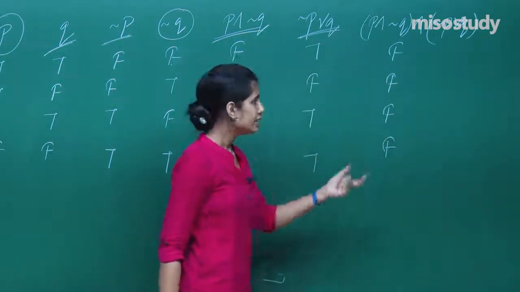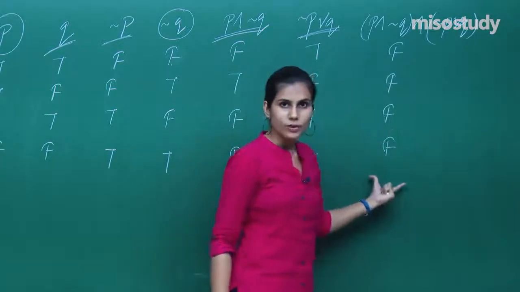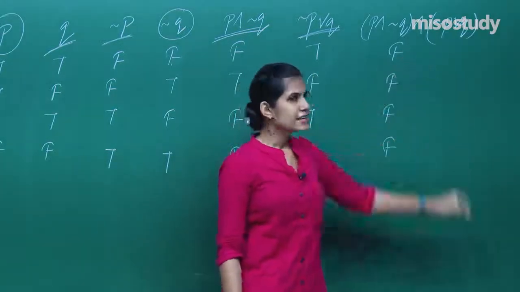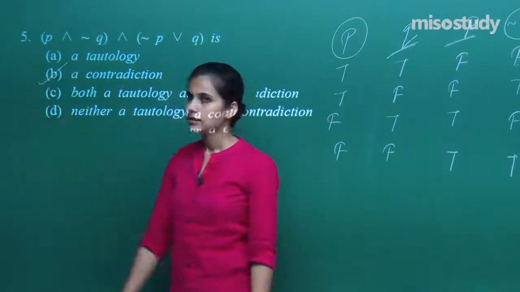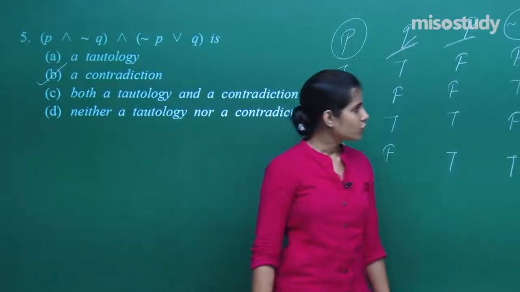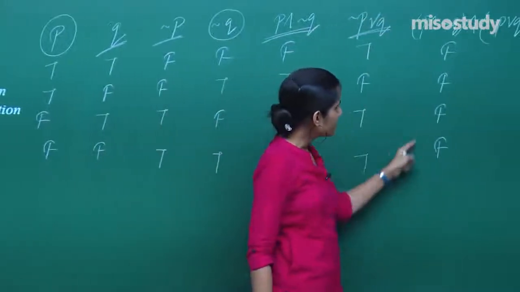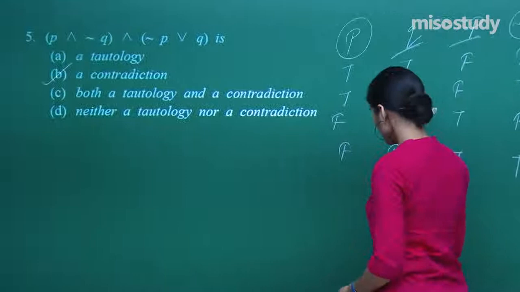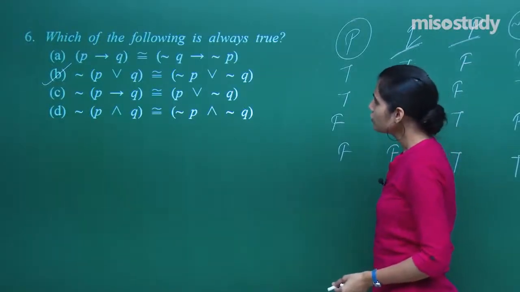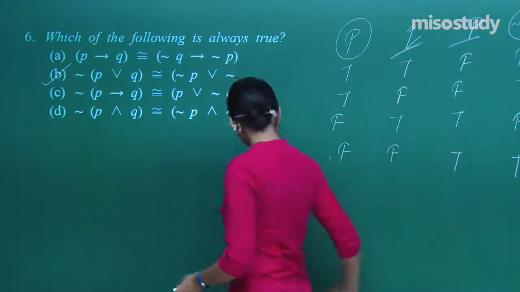You can see the answer is false always, and therefore this given statement is a contradiction. Not a tautology. For a tautology I wanted true everywhere, but here I am getting false everywhere, and therefore this is a contradiction.